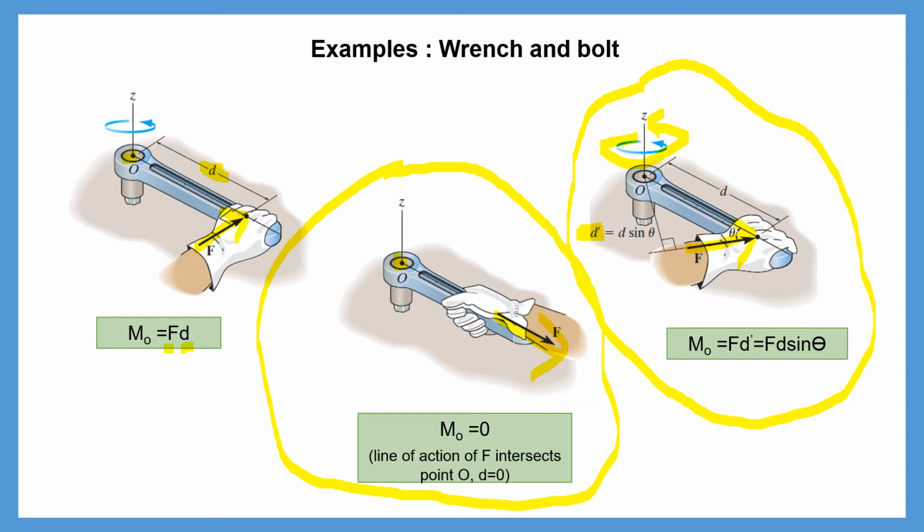This means that the moment arm will be equal to 0. So the moment of F about point O will be equal to 0. This means that this force will not produce a rotational effect.